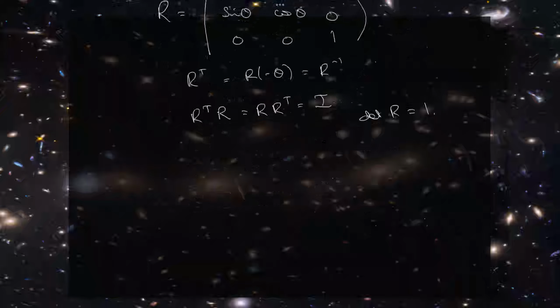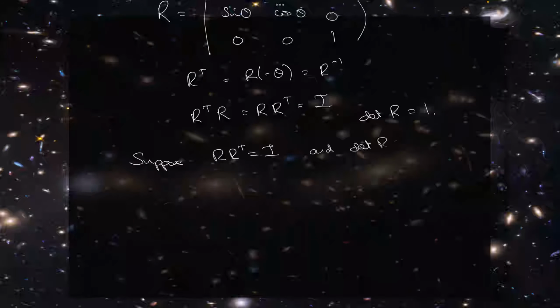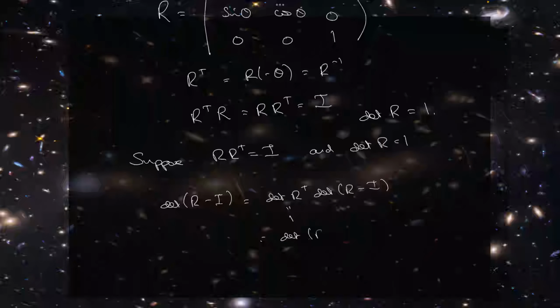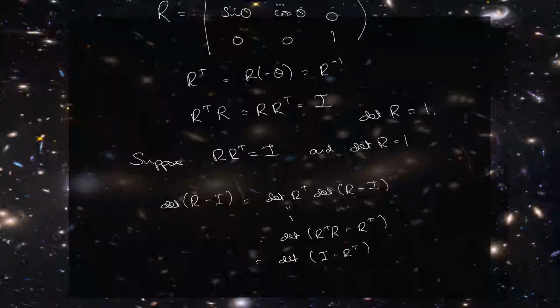To see this, suppose R transpose R is the identity and the determinant of R is 1. Then first look at the determinant of R minus I. Well, I can multiply that by the determinant of R transpose, which is 1, and that gives me the determinant of R transpose R minus R transpose, which is the determinant of I minus R transpose.